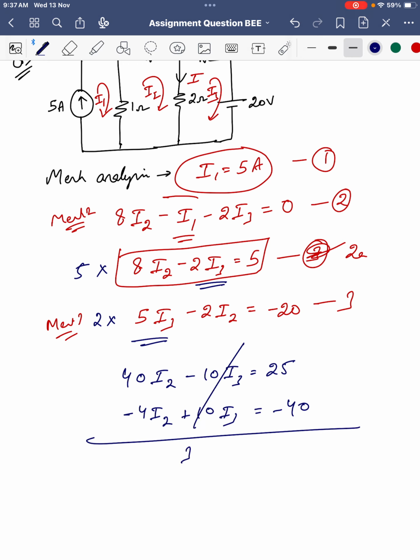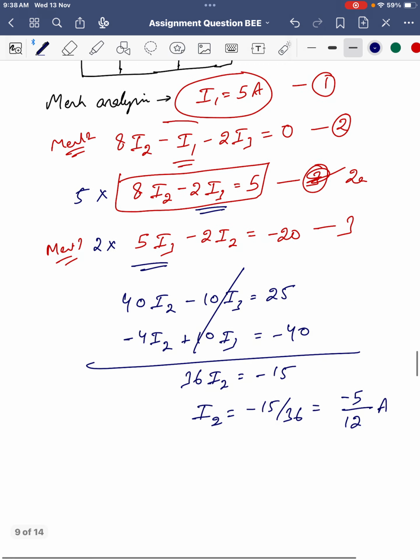Solving it, adding both, we will get 36 I2 is equal to minus 15. So I2 is equal to minus 15 by 36, or minus 5 by 12. This is the value of I2.